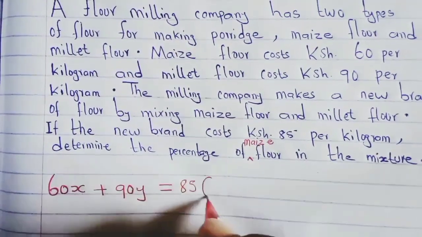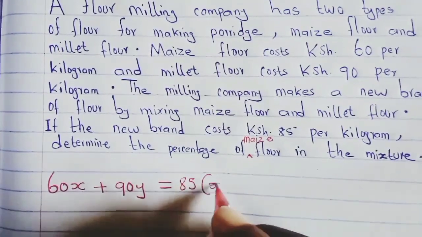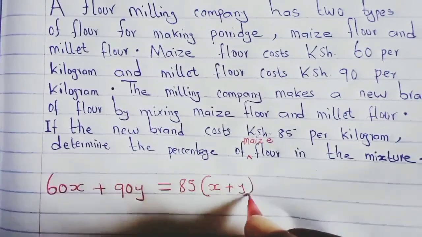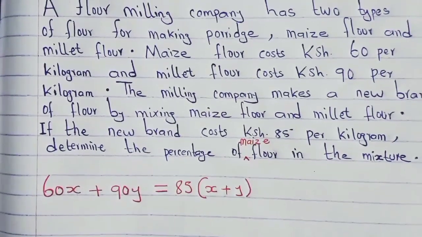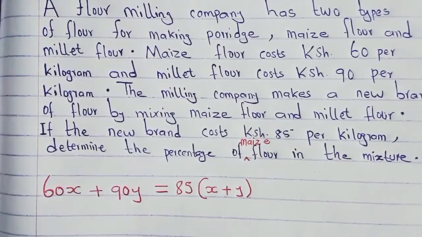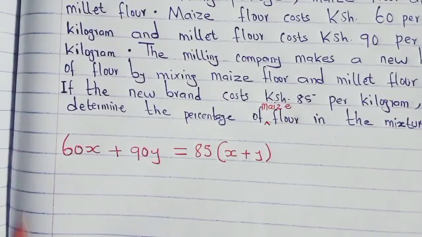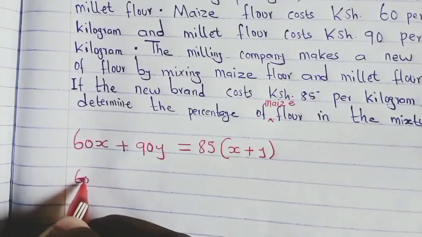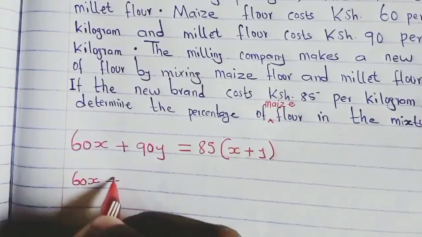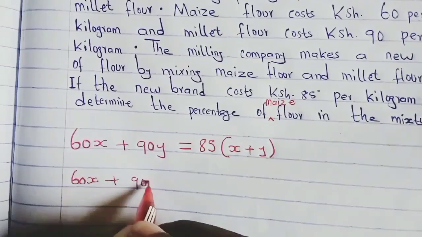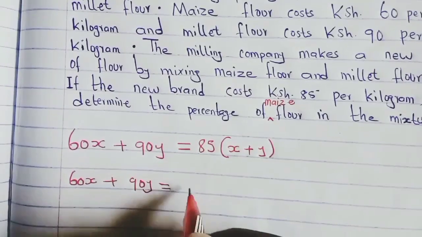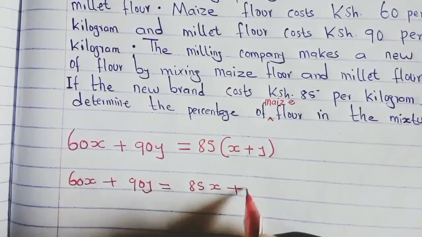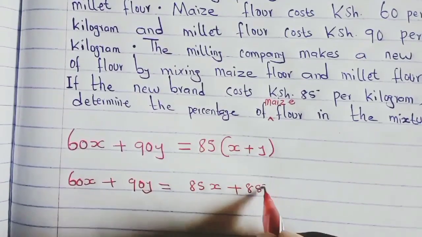Then we open a bracket: x, that's the kilograms for maize, plus y, that is the kilograms for millet. Opening the bracket, this will be 60x plus 90y is equal to 85x plus 85y.